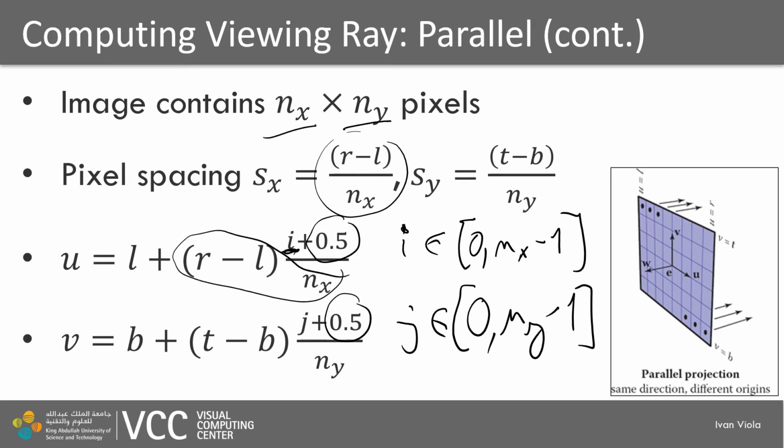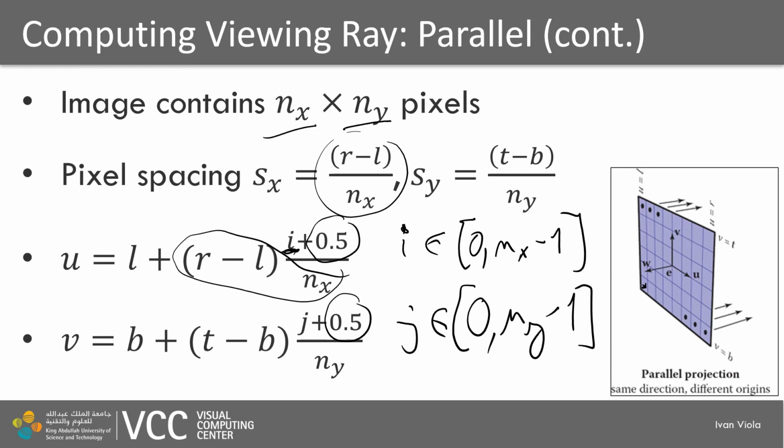And then the same holds for the y. So the first pixel, which is, let's say, the bottom left, for example, will be addressed with i equals 0, j equals 0, but it will not be entirely on the L and B positions, but slightly offset by half of a pixel size.